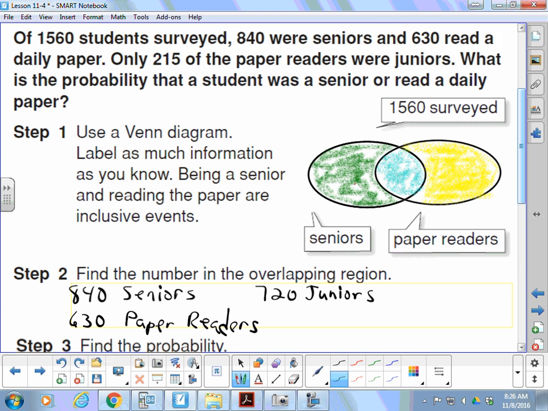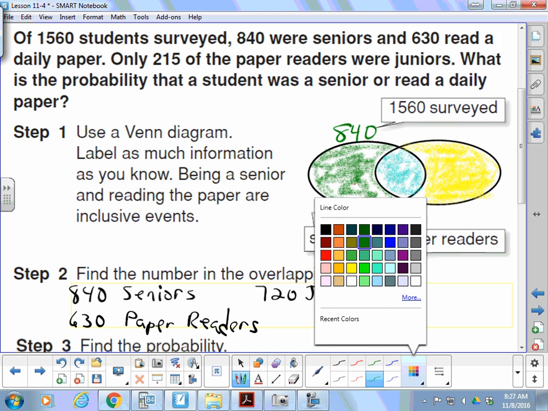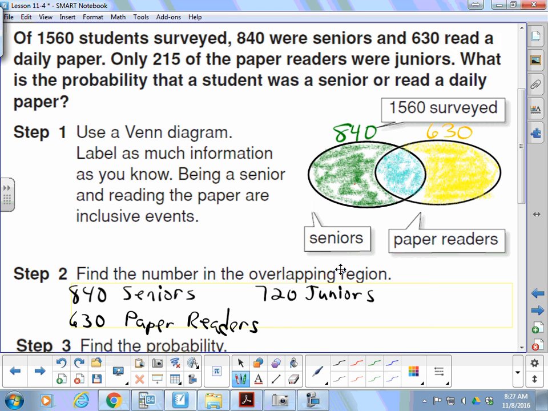So the two big numbers we need are right here, okay? 840 seniors, 630 paper readers, because that's what we're worried about. So this number here in the green is going to be 840. Okay? And in the yellow is 630. Okay, because there's 840 seniors, 630 paper readers.